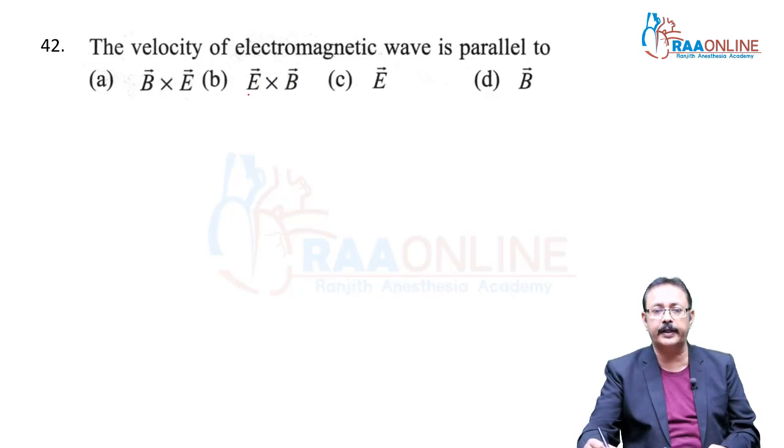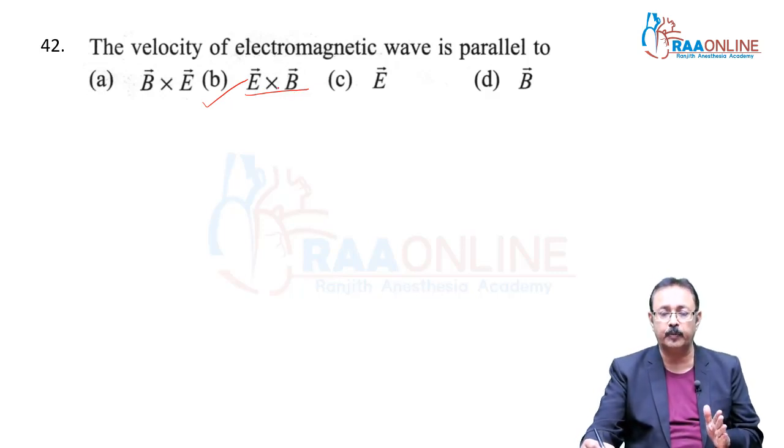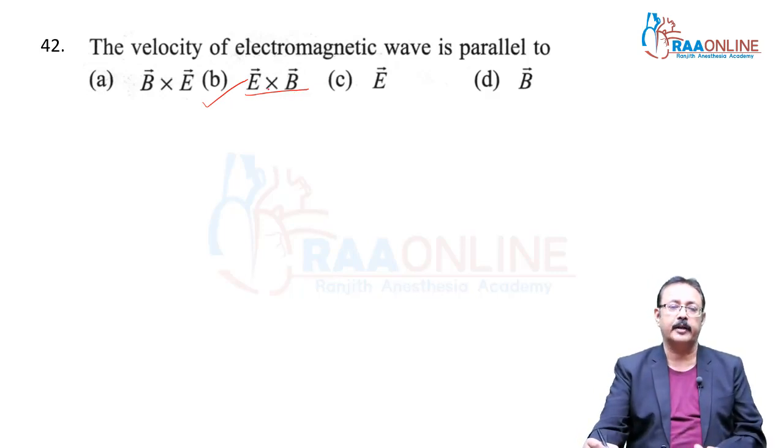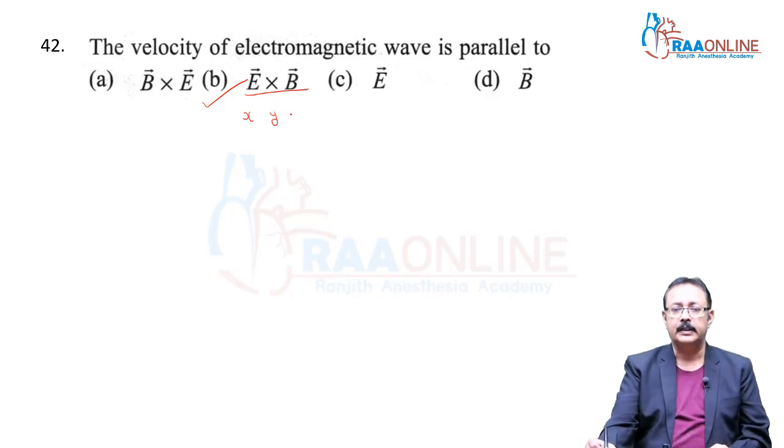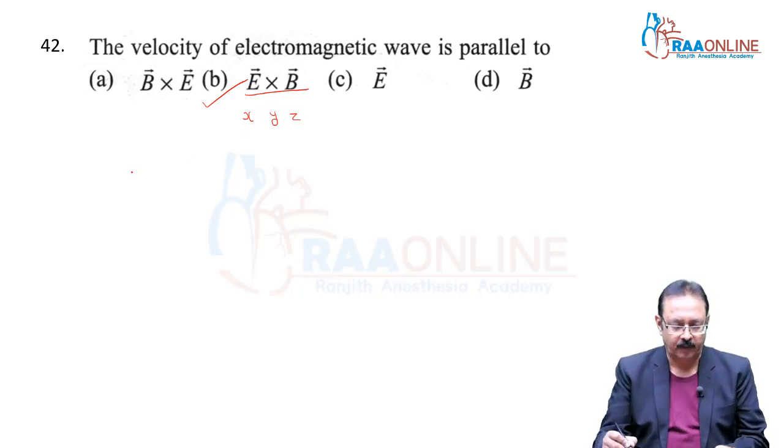We should write E first, because it is E cross B, because light is propagating in this manner. It means if the electric vector is oscillating in the positive x-axis direction, and B is in the positive y direction, the wave will propagate in the positive direction of the z-axis.